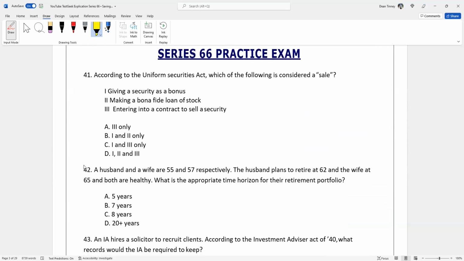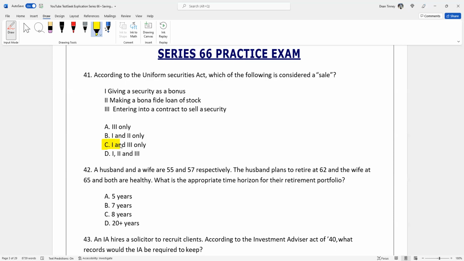You're definitely going to get tested on the Uniform Securities Act about what is or is not a transaction or sale. An offer accepted becomes a sale, a transaction, and what is or is not part of the jurisdiction under the Uniform Securities Act. In 41, giving a security as a bonus is, entering a contract to sell is, that's 1 and 3.